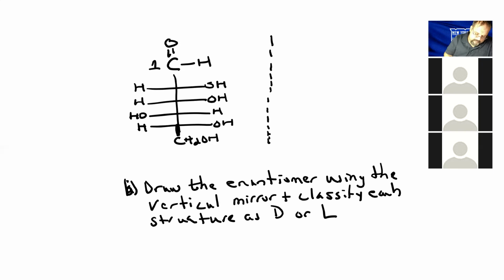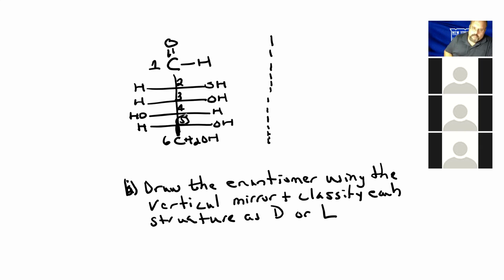So if we number from top to bottom, carbon number 6 is the carbon that is furthest from the C double bond O group. But the issue with using that carbon to determine whether this is a D or L version is that that carbon is not chiral. So we look at the carbon above it, 5. And in fact, carbon number 5 is the chiral carbon furthest from the C double bond O group.